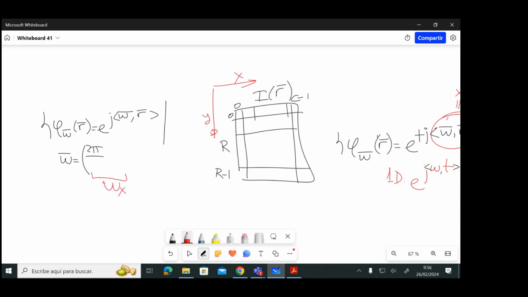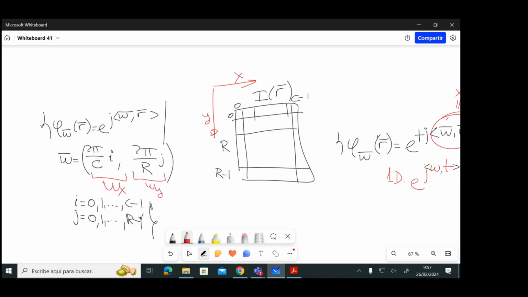It will be 2 pi divided by C times I, and then the other one 2 pi divided by R times J, where I goes from 0 to C minus 1, J goes from 0 to R minus 1. Then I close this. And this is omega 1.